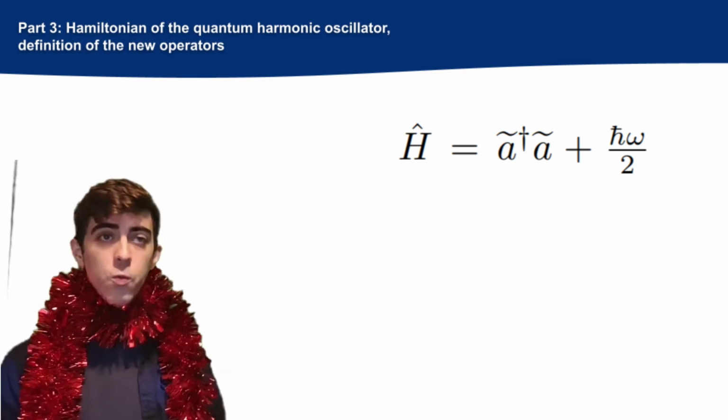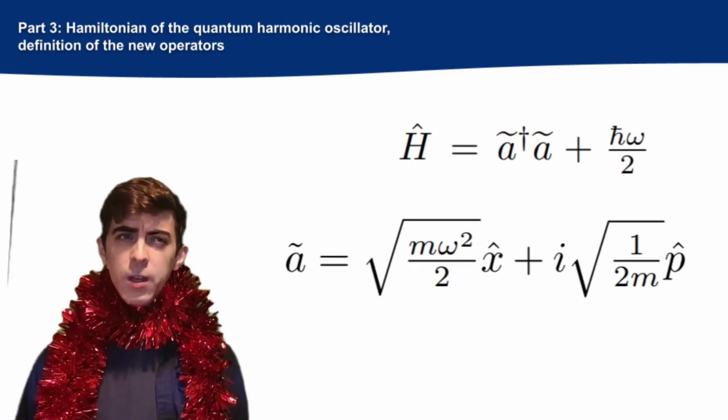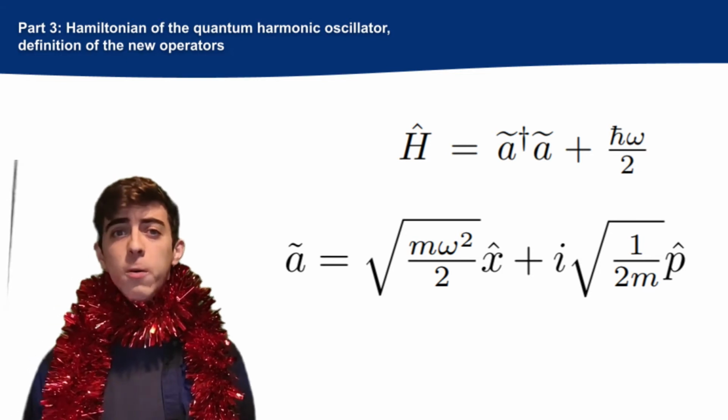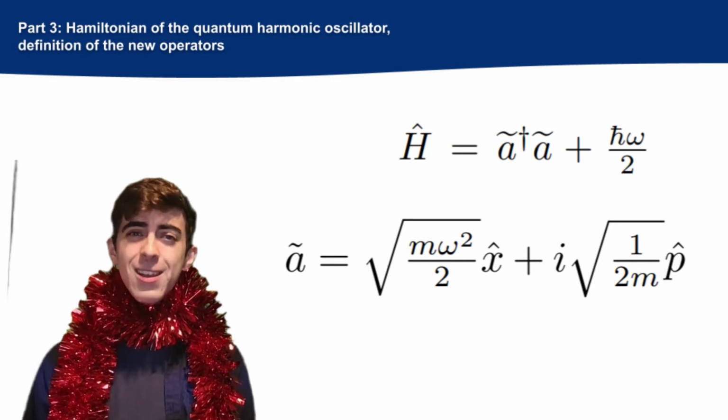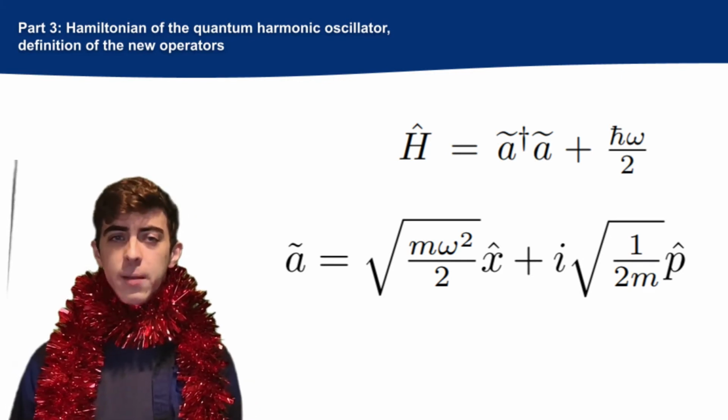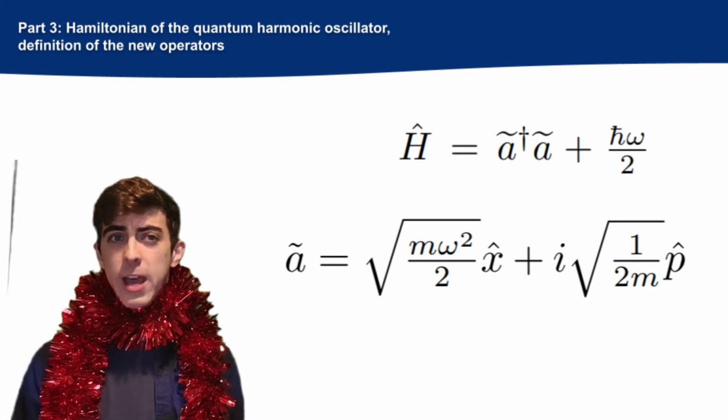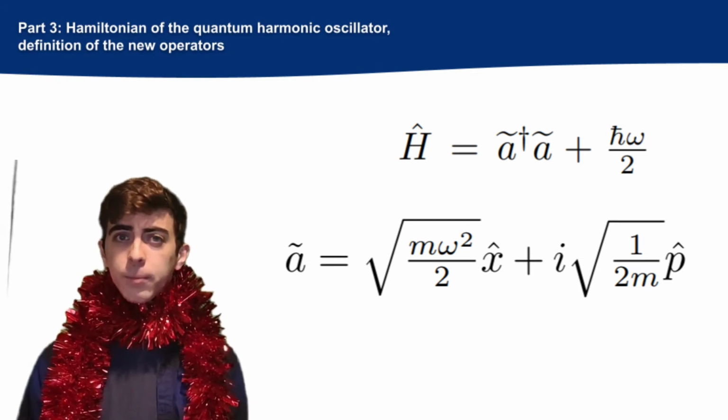And because of this, we get that a tilde would be equal to the square root of m times omega squared over 2 times x plus i times the square root of 1 over 2m times p.